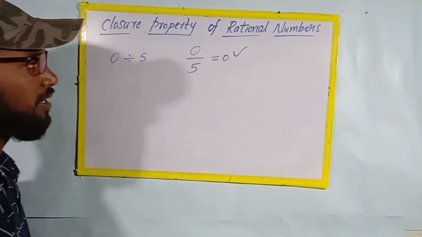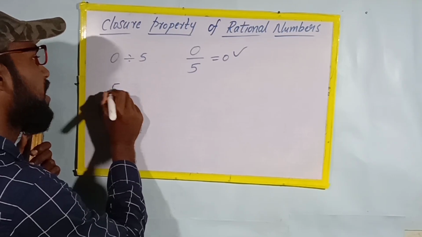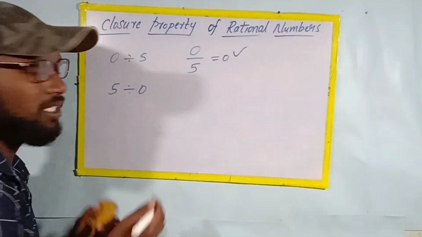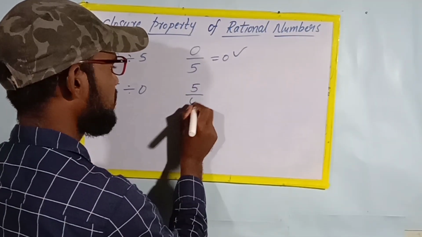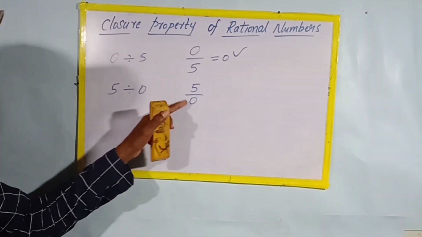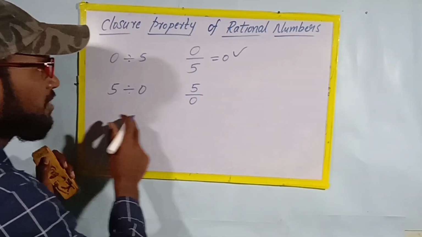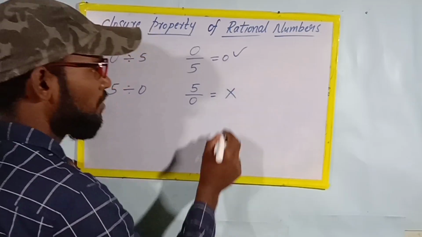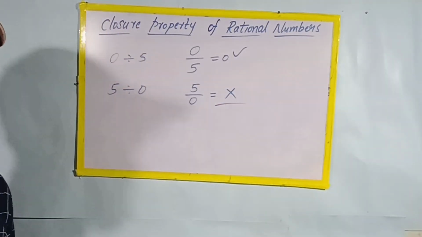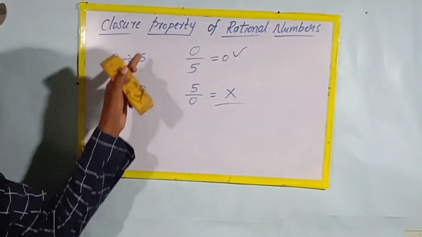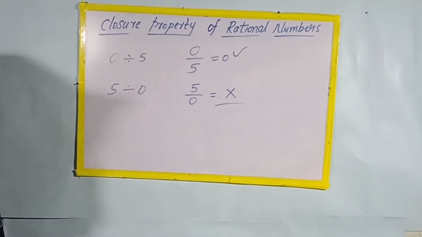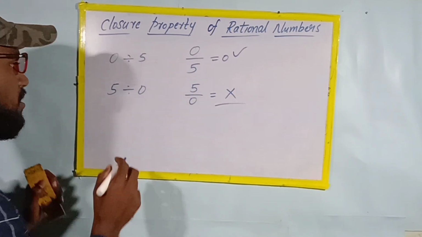Okay, everyone clear? Now 5 divided by 0. See here, 5 by 0. Is it possible, 5 divided by 0? Not possible. So rational numbers are not closed under division.